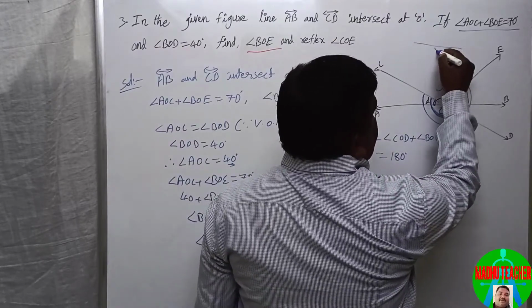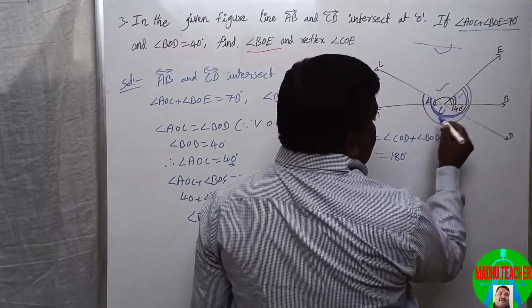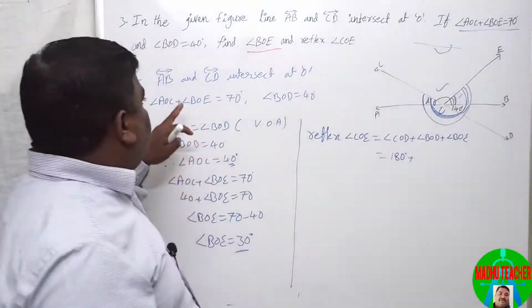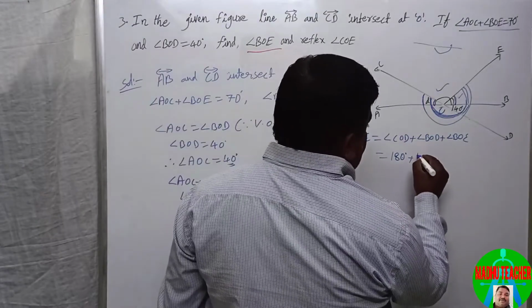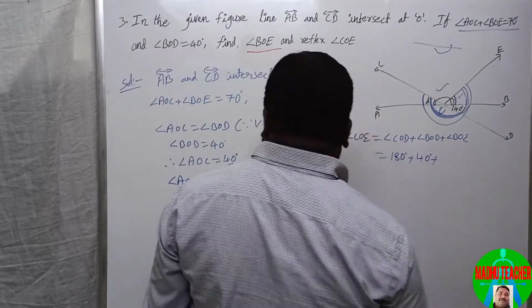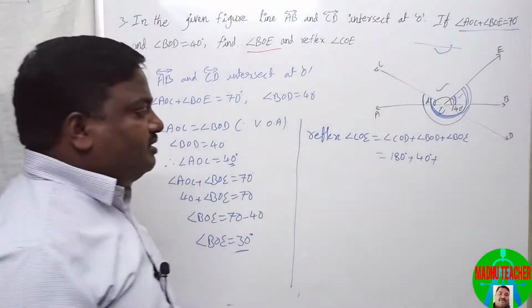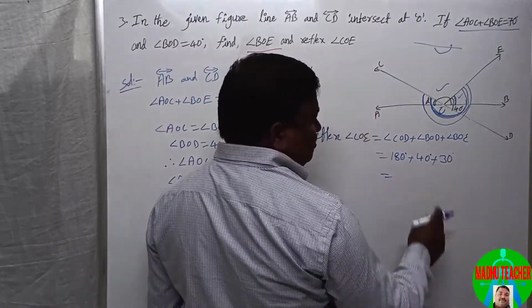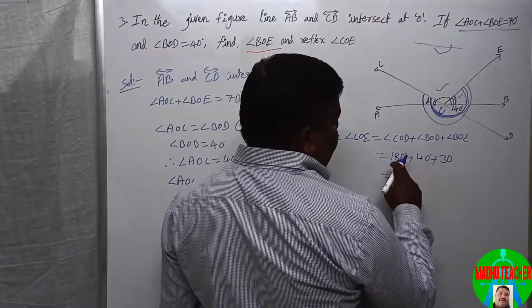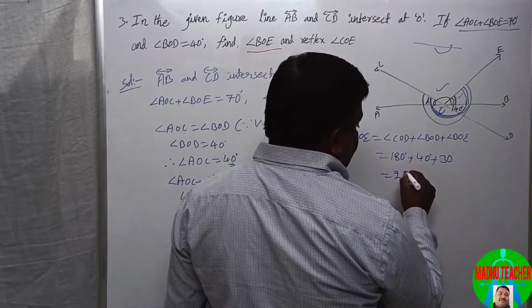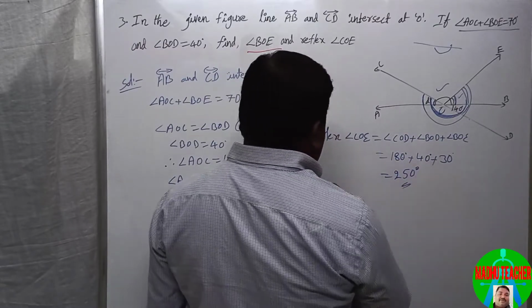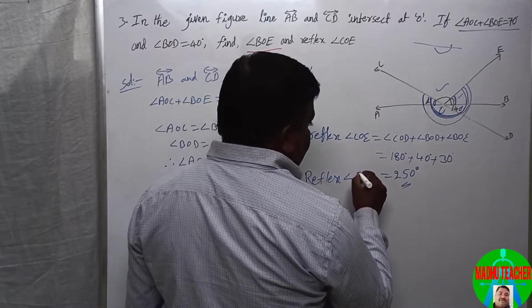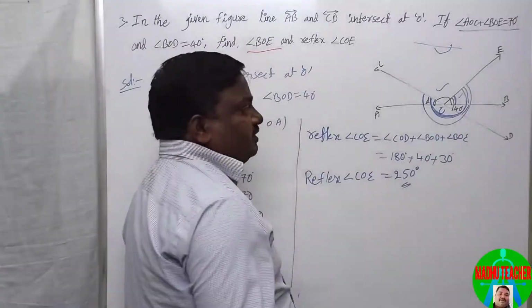So 180 plus angle BOD, 40 degrees, plus angle BOE, 30 degrees. 30 plus 40 is 70, 70 plus 180 is 250 degrees. So reflex angle COE equals 250 degrees.